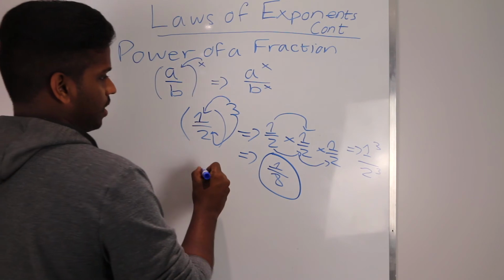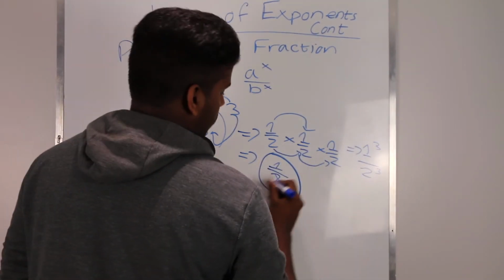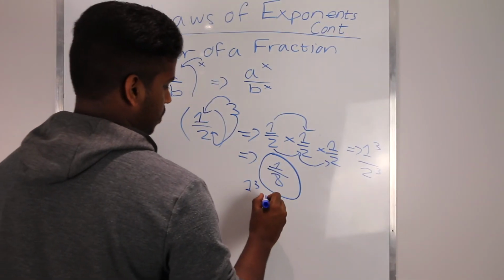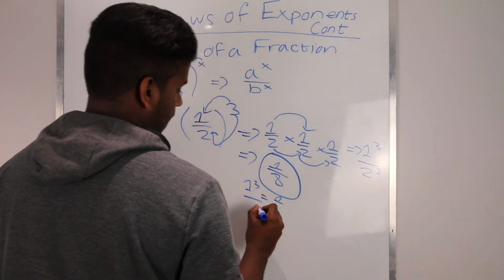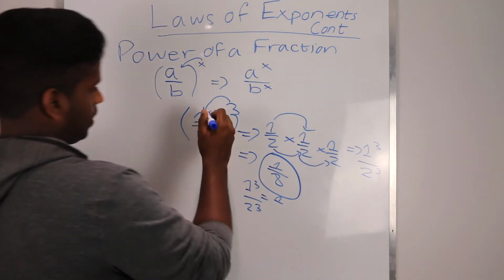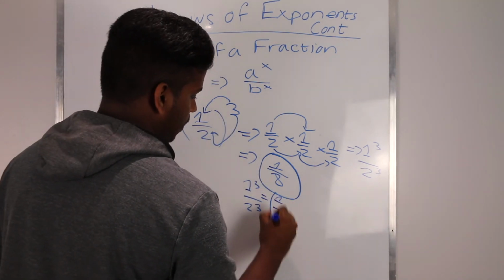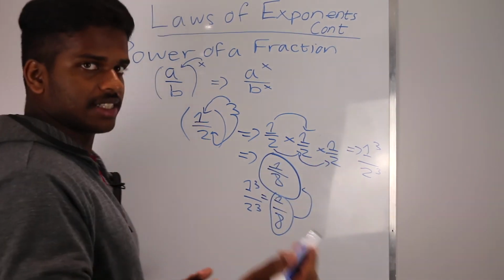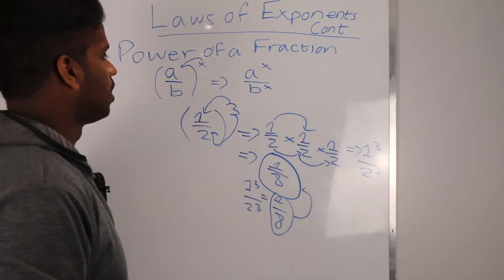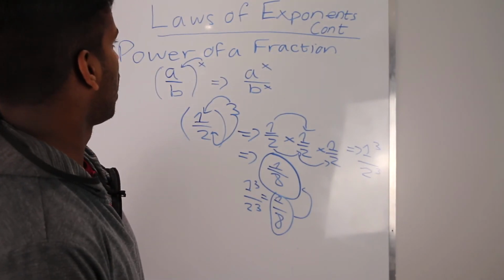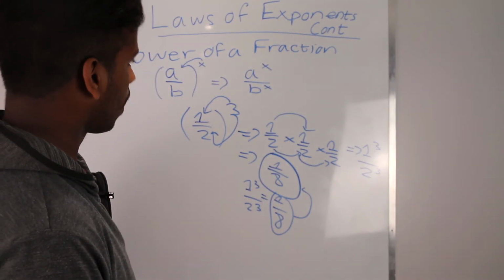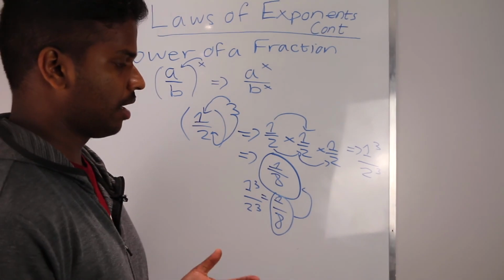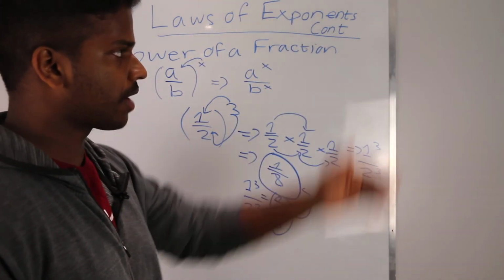In this case, 1 to the power of 3 gives you 1, and then 2 to the power of 3 gives you 8. And that's the answer we get here. So we can conclude that this rule works, and this is the law of exponents we would use when a fraction is being raised to a power.